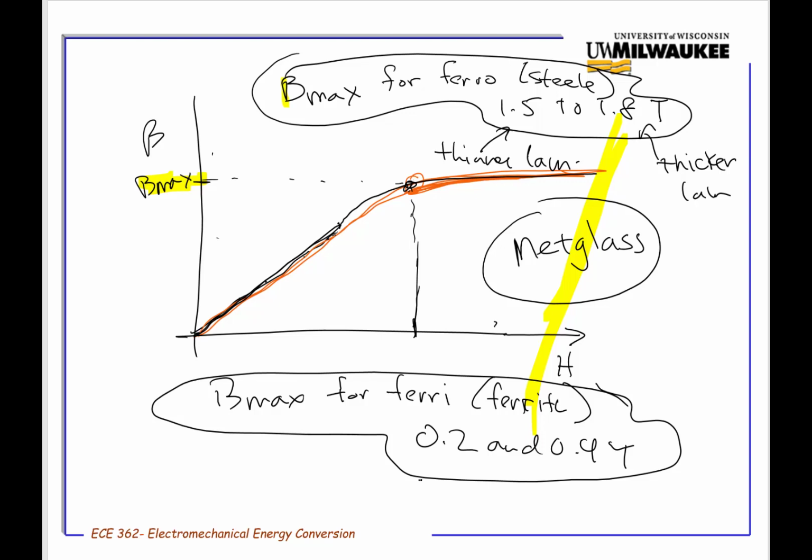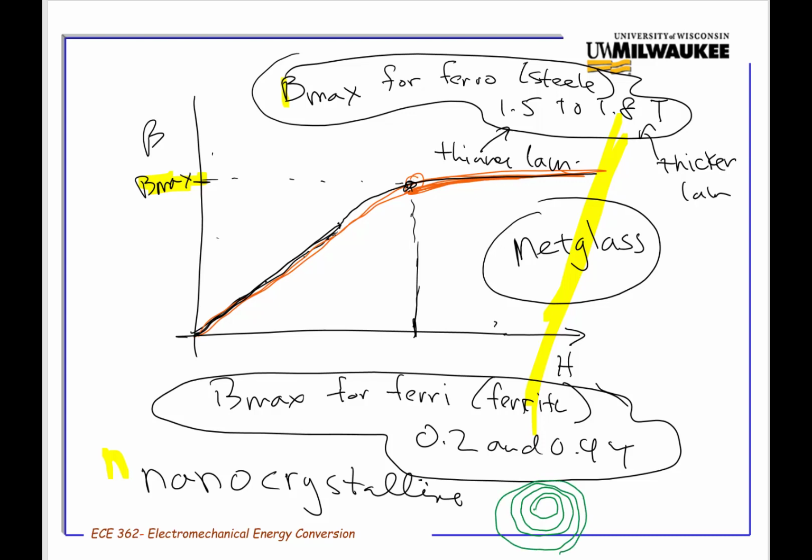There's some other core materials, but it falls more into like a ferri, but I don't think it's either a ferro or a ferrite. It's called nanocrystalline material. And what the nanocrystalline material does is, instead of the lams being pressed together, it's like a coil of metal where the flux lines would go in the direction of these coils.